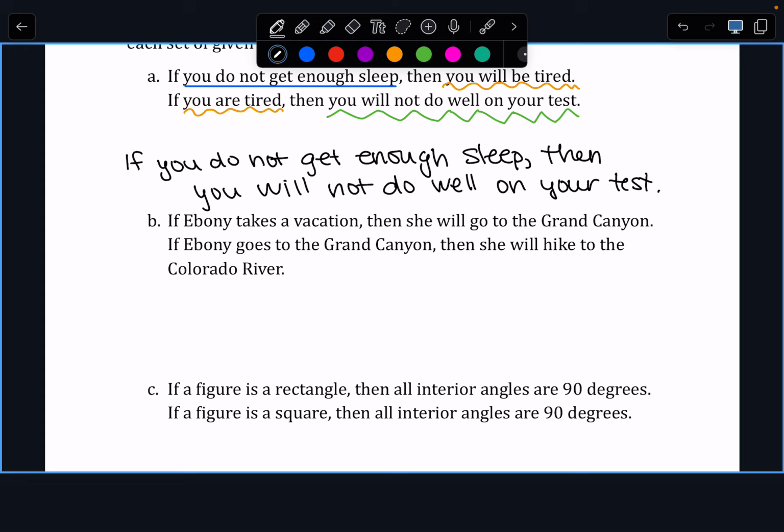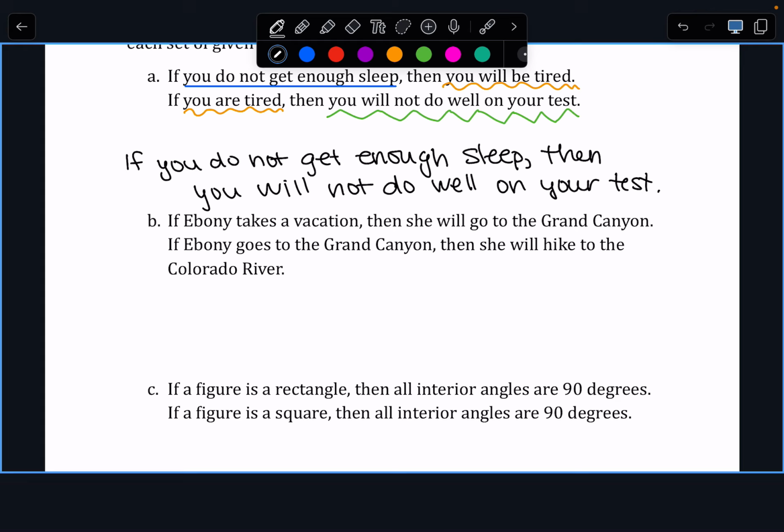So, the law of syllogism, you write the new statement. Sorry, dude. Imagine if this, but there's no if-then statement. We can copy and paste this kind of. So basically, if figures and rectangles are all... This is what happens. The figure is a rectangle, then all interior angles are 90 degrees. But isn't that true?